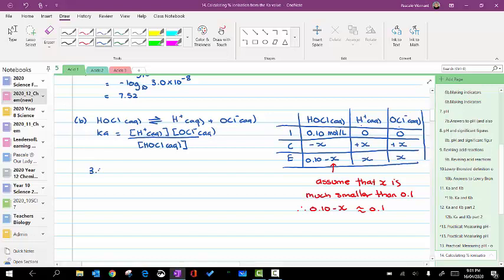It's 3.0 times 10 to the power of minus 8. The concentration of hydrogen ions is X. The concentration of this ion over here is also X. And the concentration of the acid is 0.1 minus X, which we decided was close enough to just 0.1. Okay, now solving this equation.